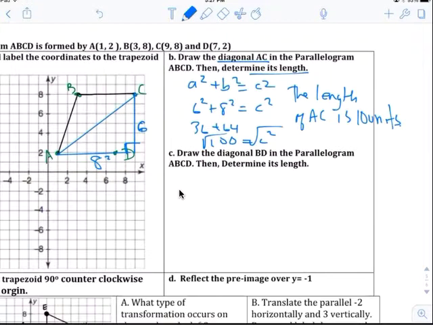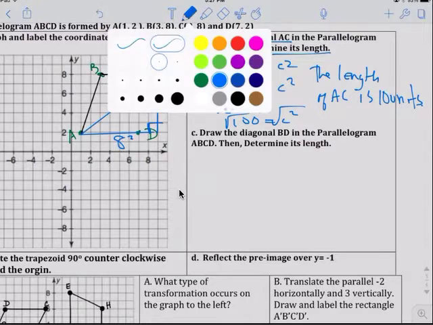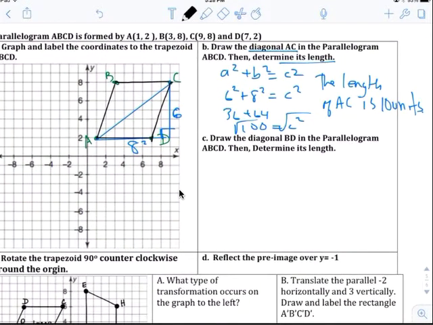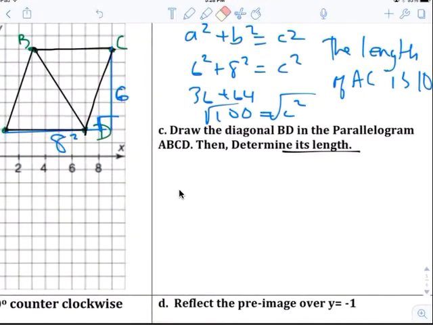Okay? Okay, then let's put back the parallelogram. Draw the diagonal BD right here. And determine its length. I believe it's the same. It's a parallelogram. It looks quite... Okay, pretend these don't exist, and go straight down.